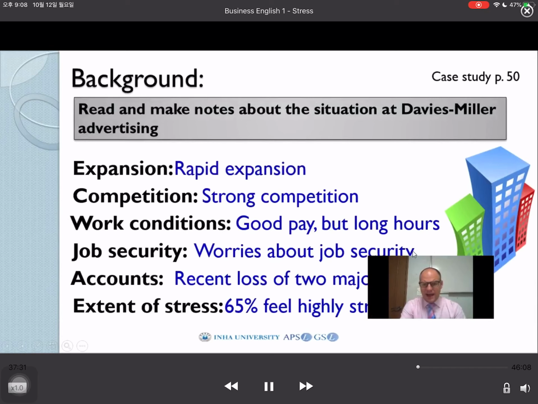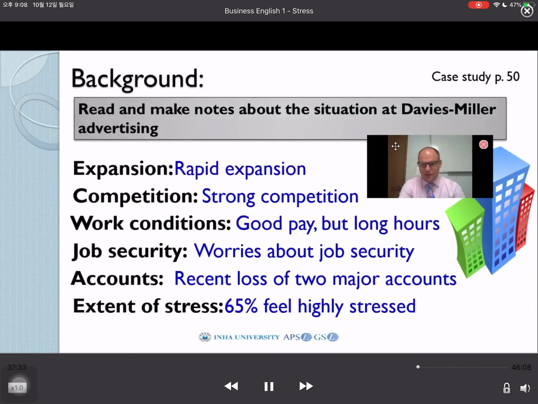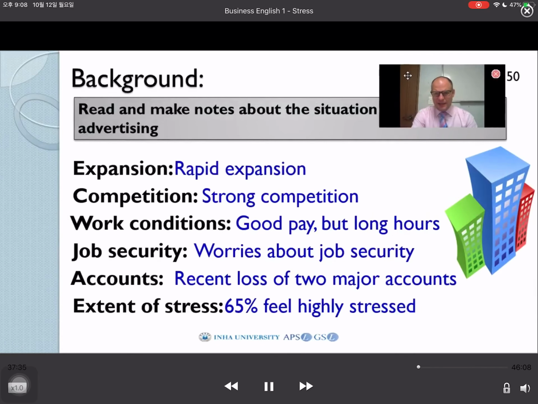And 65% of the company, so well over half of the company, are feeling highly stressed. You can read more about Davis Miller on page 50 and 51 in the book. So have a look at that. Get a good understanding of the company and the situation.